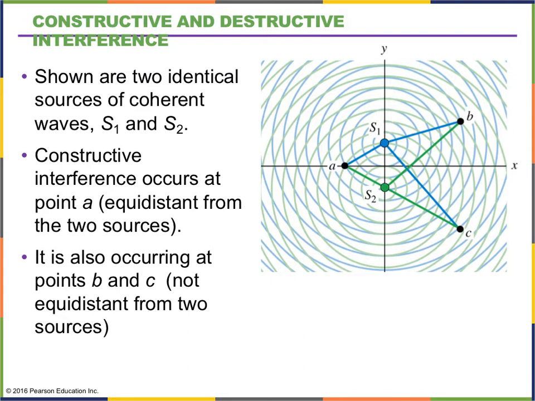As for instance, at point A, the two waves are interfering constructively, but notice that point A is the same distance from both the sources, but another location, B, is another location where they're interfering constructively, and they're not actually the same distance from the two sources.